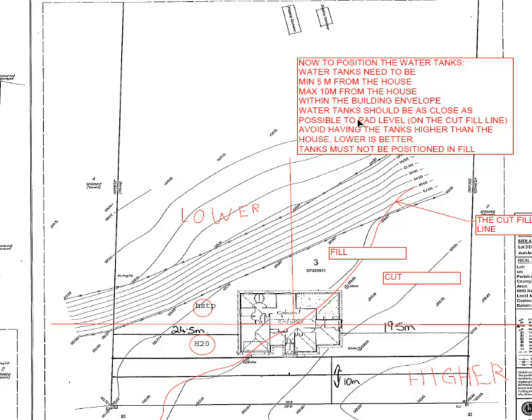Water tanks should be as close as possible to pad level. So going back to the drawing here, we're going from the house, we're going uphill this way and downhill this way. So what we need to do is make sure that, because of that, the fill will be getting deeper out in these extreme corners. This line here indicates the cut fill line. Now the cut fill line is the elevation which won't change.